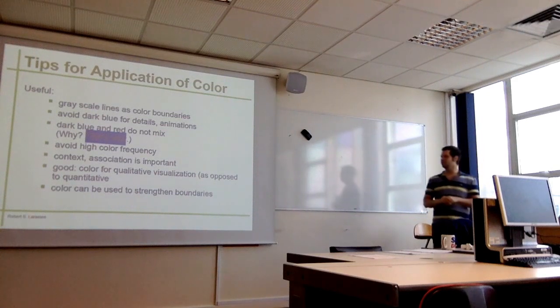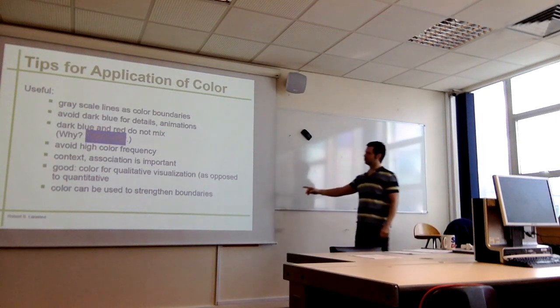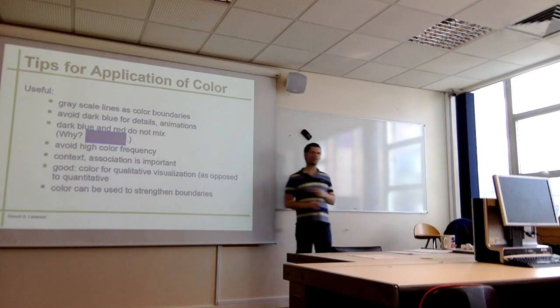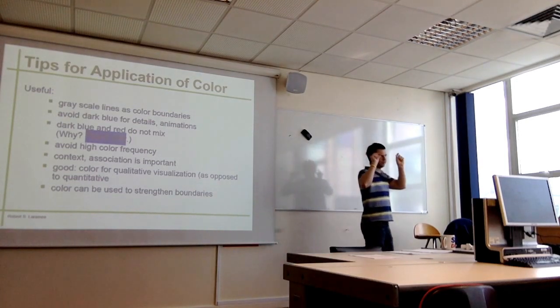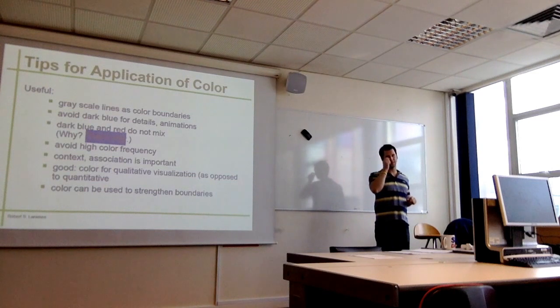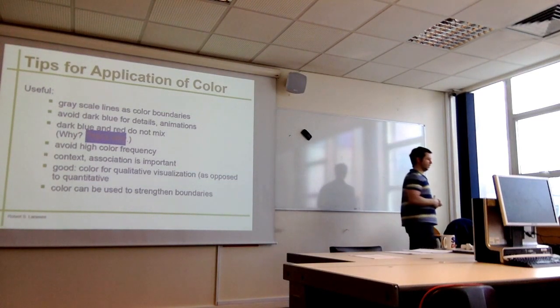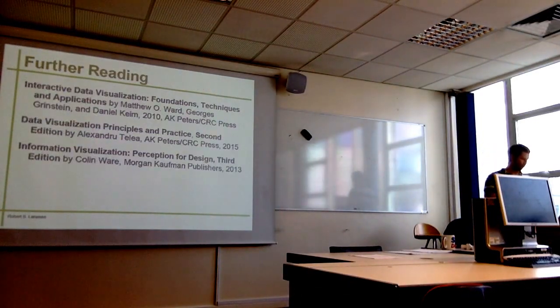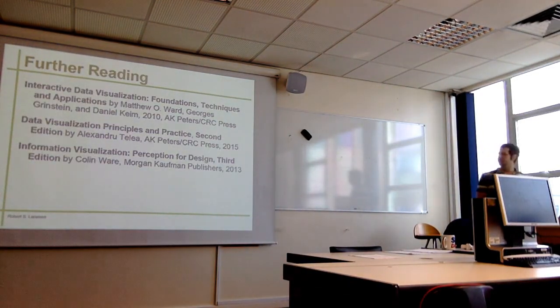And color can be used to strengthen boundaries. That's also illustrated two slides ago in the Mach band effect. So the perceptual system, the visual perception system, is always trying to enhance boundaries. Okay, that's the end of part 2.